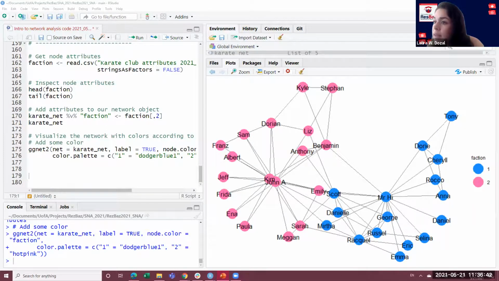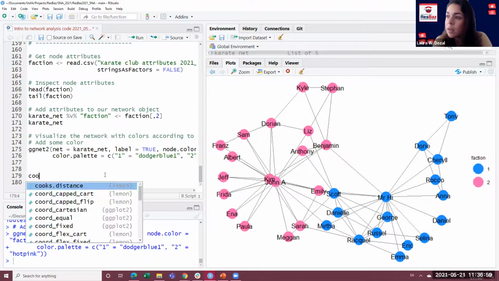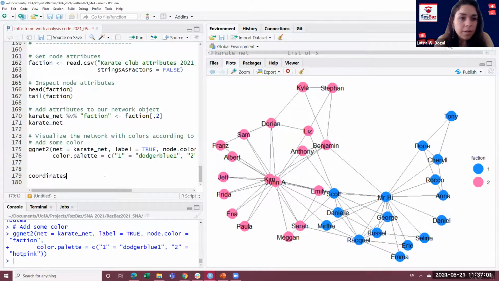I'm guessing in an earlier workshop someone asked to check out the coordinates. Use coordinates in plot. So let's check it out, just to explore. So we're going to write in coordinates, see what they were doing.